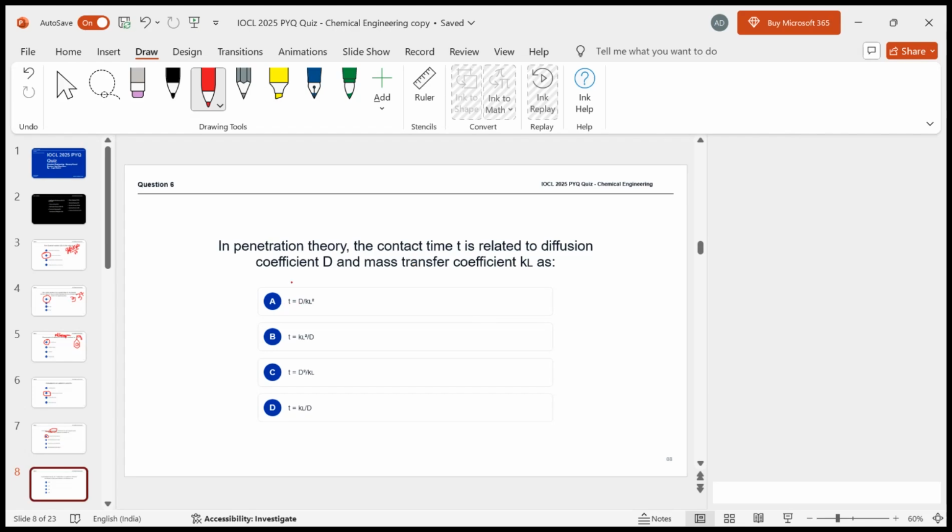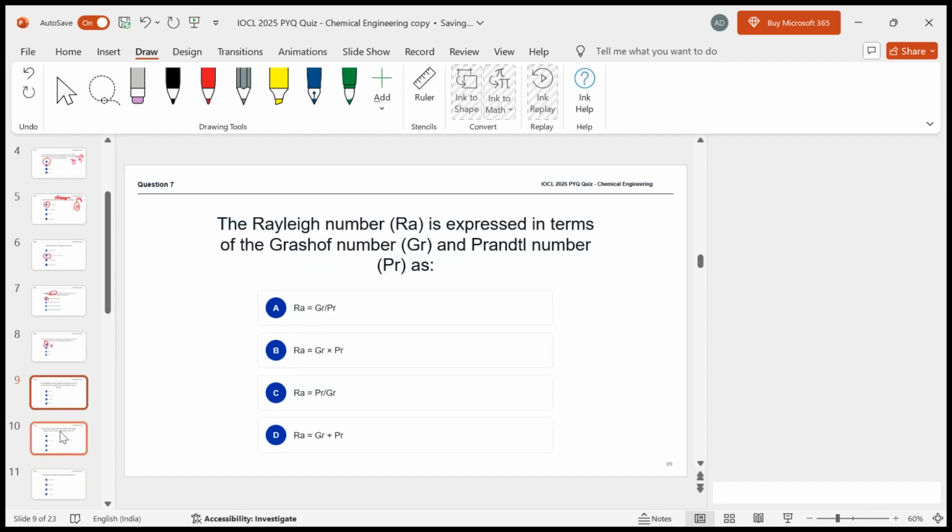If there is contact time, then obviously there must be diffusion, and the mass transfer coefficient would be less. If the contact time increases, your mass transfer coefficient decreases. So this is the correct option for this question.